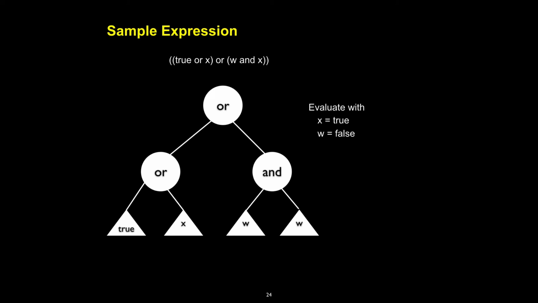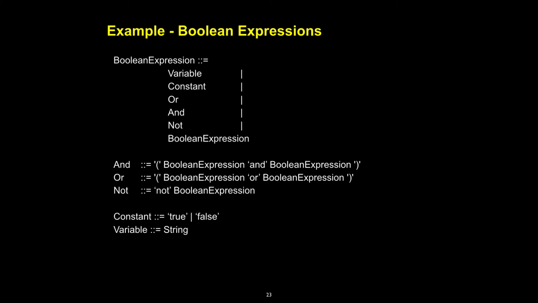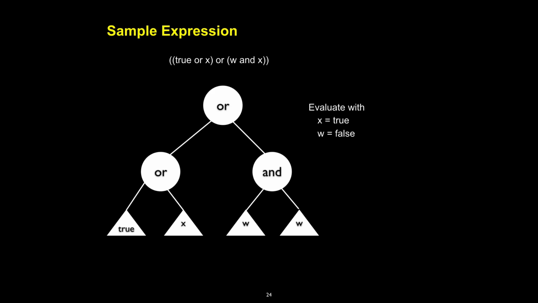Well, there's our top level OR, right? And so we have a top level OR node. And the OR has two sub-expressions, right? So in our tree, we've got two sub-expressions.